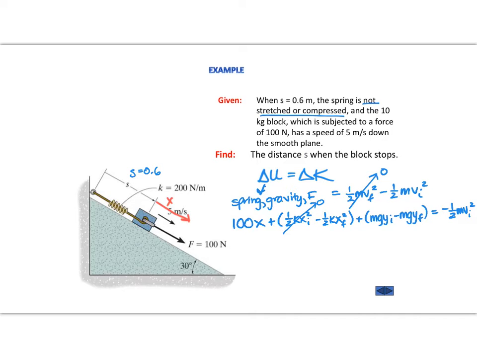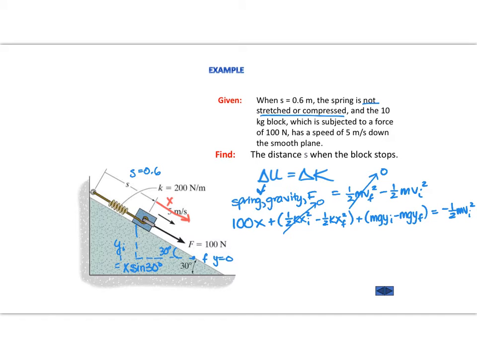And if this is the final position, we could use that as our y equals 0, and so the y initial, if this is our angle of 30 degrees, could be expressed as x sine of 30 degrees.